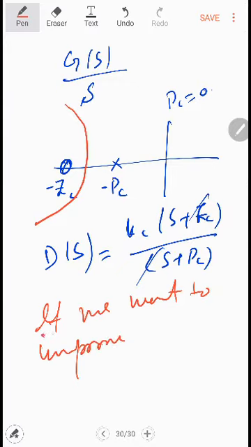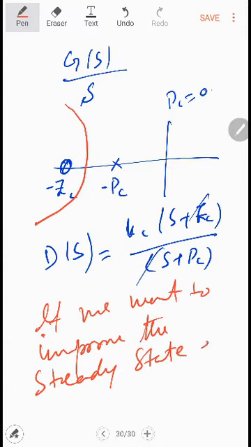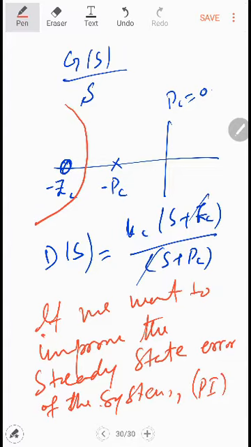So if we want to improve the steady state error of the system, then we have to use the PI controller or the lag compensator. However, Zc is placed very near to Pc.